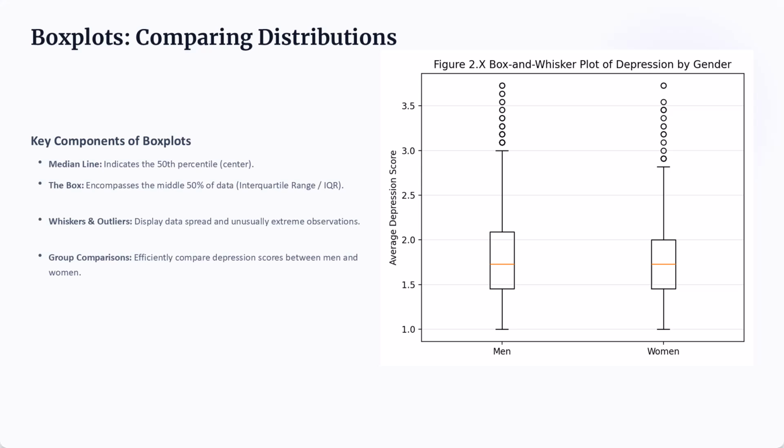In our example comparing depression scores by gender, box plots allow us to visually evaluate whether distributions differ in median, spread, or extreme values. While visual inspection suggests similarity between men and women, inferential tests like t-tests will confirm whether observed differences are statistically significant.